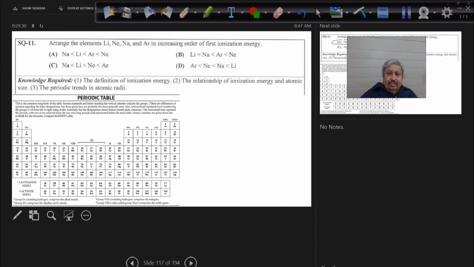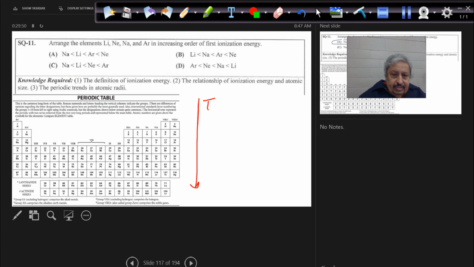You saw the answer of this, but I want you to see. Arrange elements: lithium, neon, sodium, argon. Which one will give you the good one than all the other ones? Again, you use the rule: from top to the bottom within the group, that's an increase.